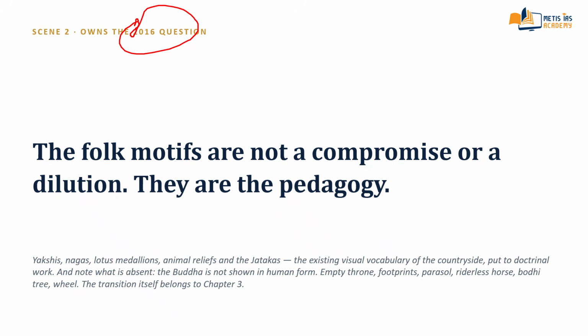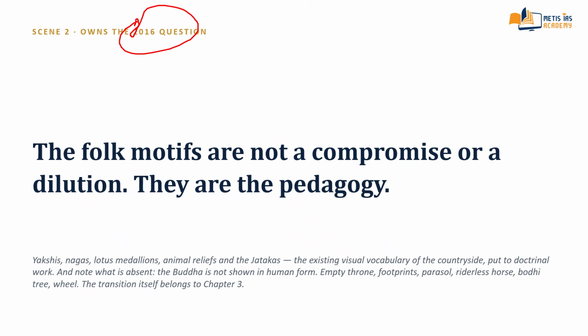Naga serpent deities from village religion, lotus medallions filling every roundel, Purnaghata, the overflowing vase, elephants, lions, bulls, horses, makaras, then auspicious symbols like Srivatsa, Triratna, Swastika. None of this is doctrinally Buddhist. All of it was already there.